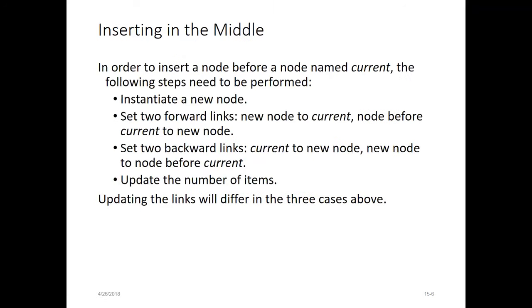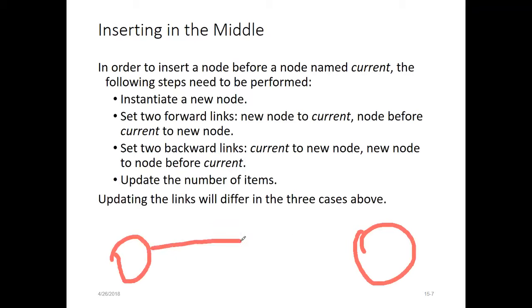So when you get time, please go through the algorithm for insertion in the middle. For instance, if you want to add an extra node here, I have this node and I have this node. This first node knows who is next to it, and this second node knows who is before it, right?